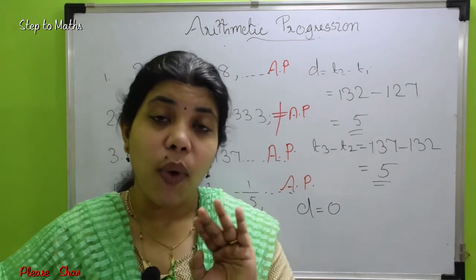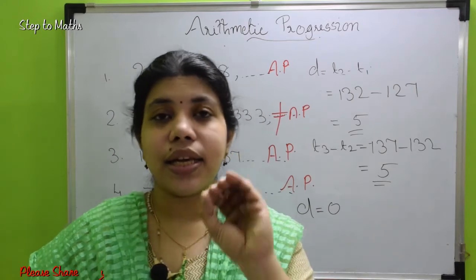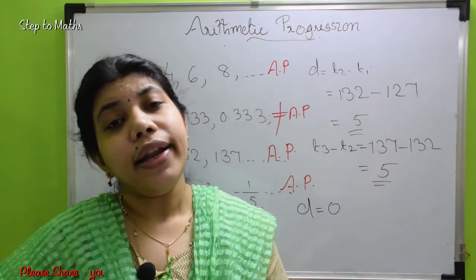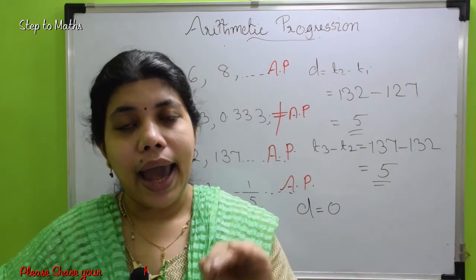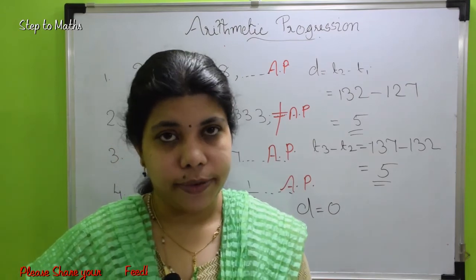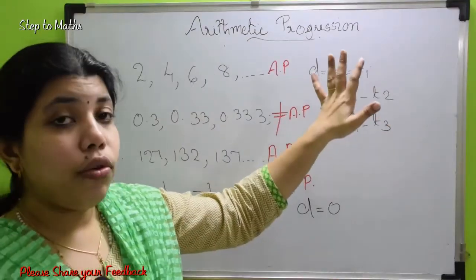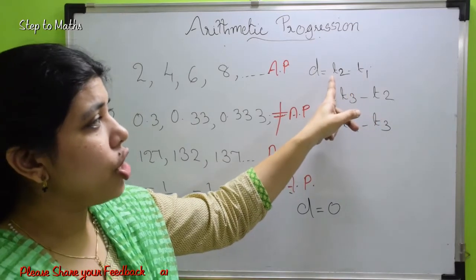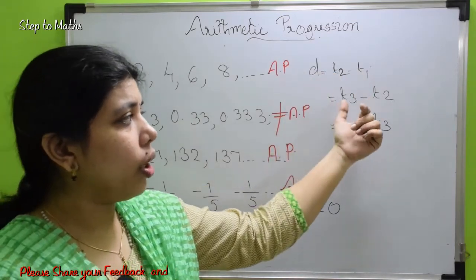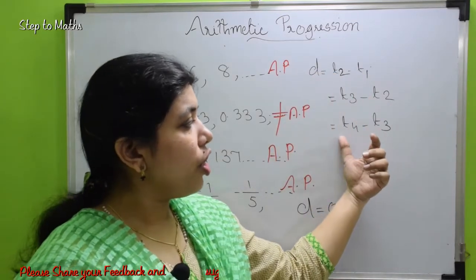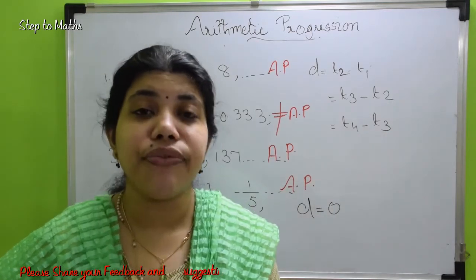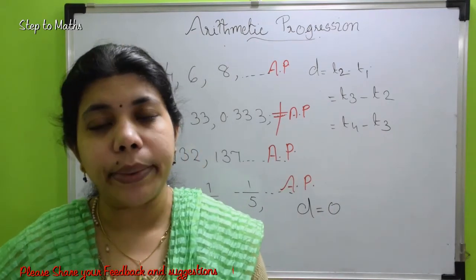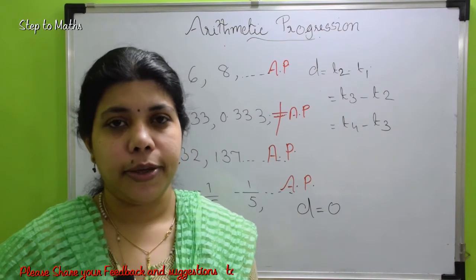And if the value of D is constant, that type of sequence is in arithmetic progression. The common difference D is the difference between two consecutive terms.